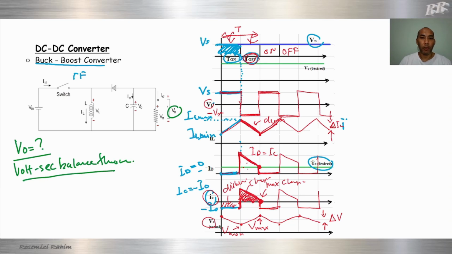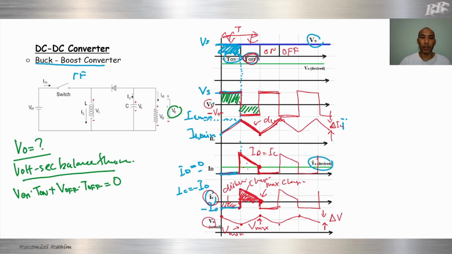From the volt-second balance theorem, the total area during on and during off is equal to 0. So V on times T on plus V off times T off equals 0.